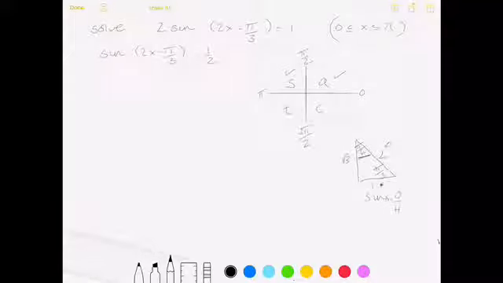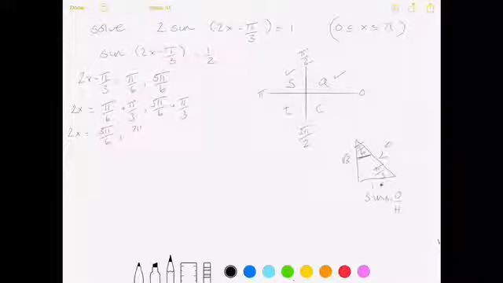So 2x minus pi over 3 is equal to pi over 6, and pi minus pi over 6, which is 5 pi over 6. Now I'm going to add the pi over 3 onto each, which is the same as 2 pi over 6, so that gives me pi over 6 plus pi over 3, 5 pi over 6 plus pi over 3, so 2x is equal to 3 pi over 6 and 7 pi over 6.